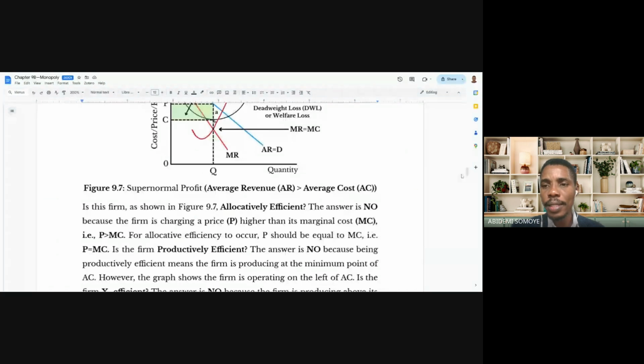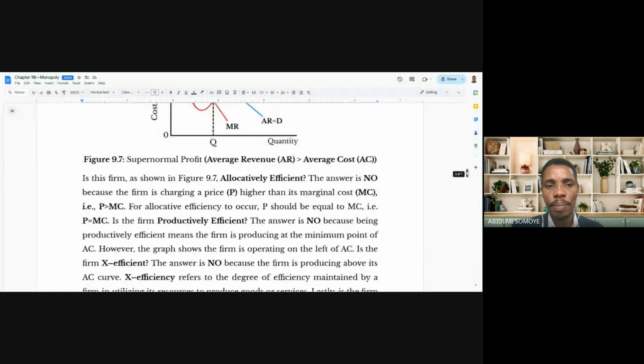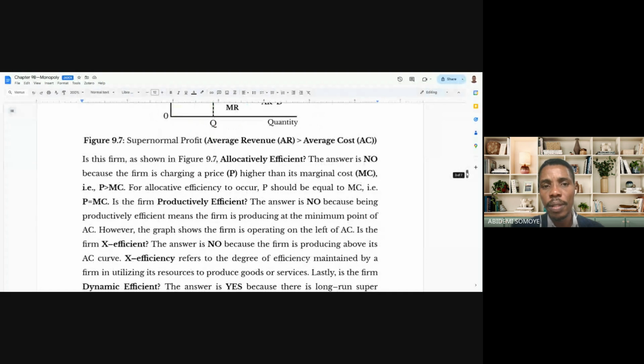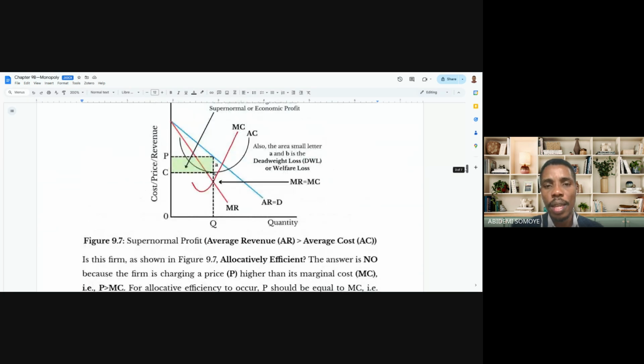Let's go ahead. I said in this firm, as shown in 9.7, is the firm allocatively efficient? The answer is no, because the firm is charging a price higher than its marginal cost. Okay, so you can see here where is price. This is price here.